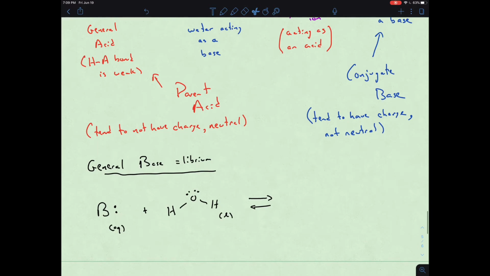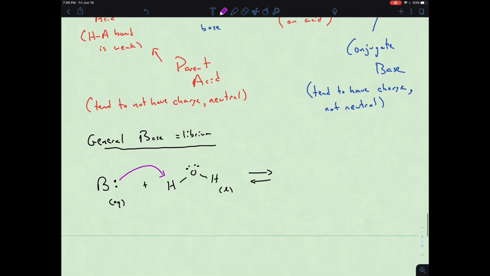And so now we have the kind of opposite angle for our water. Water here now is acting as an acid. So it's donating the proton, and those electrons that were in the bond are going on to the oxygen.